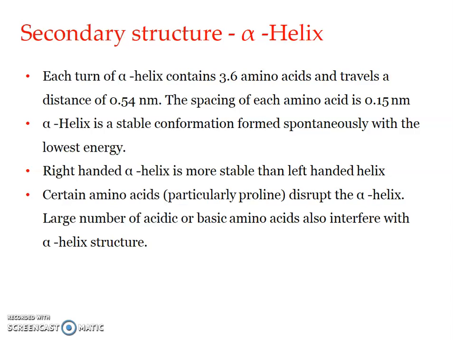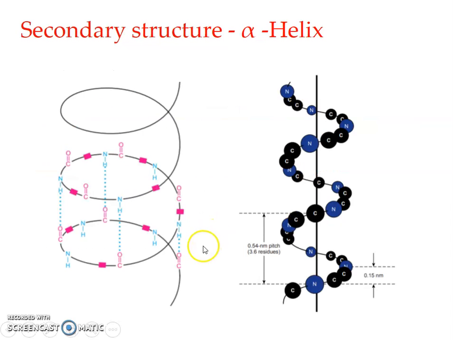So this is about the alpha helix structure, and I hope you remember that this is the central axis of the helix. The helix is formed of the alpha carbon, the carboxyl carbon, and the amino nitrogen.